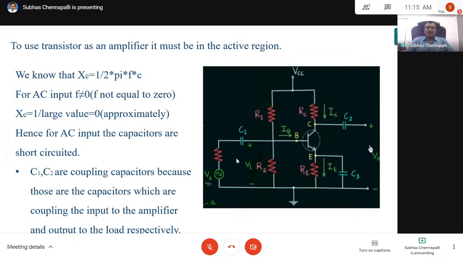For AC analysis, all the capacitors are short circuited, including the bypass capacitance, and the DC supplies will be grounded. We are basically dividing the analysis into two parts, AC and DC. For DC, the voltage will become zero.